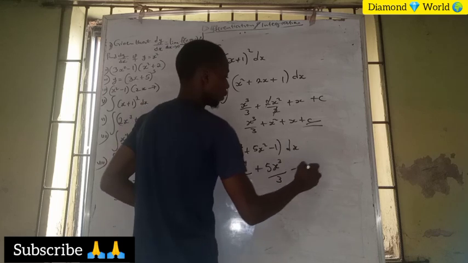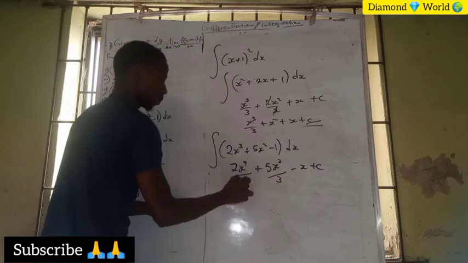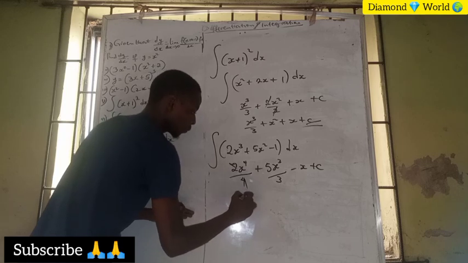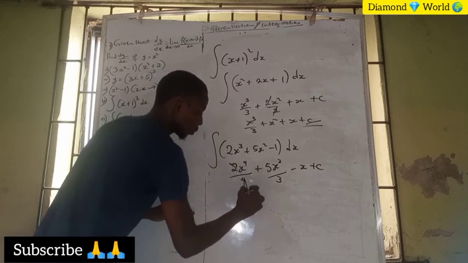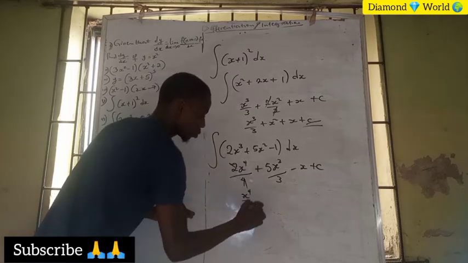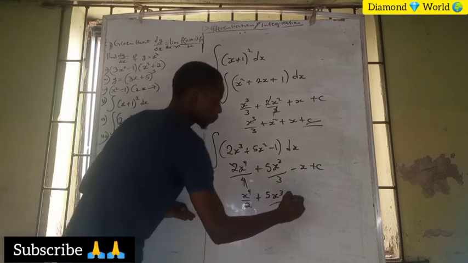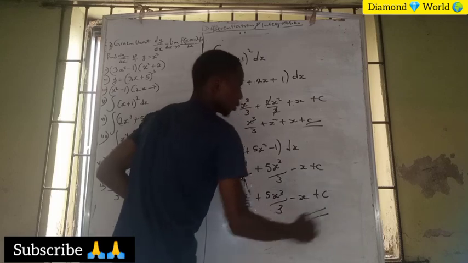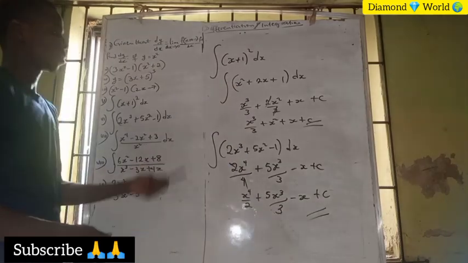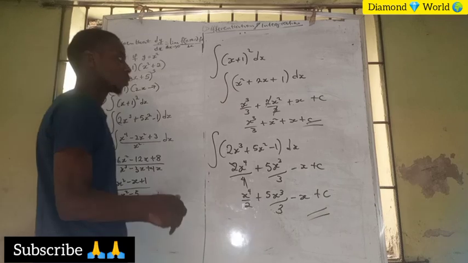Integrate 1, you have x plus c. So I have x to the power 4 over 2, plus 5x to the power 3 over 3, minus x plus c. And we see, very fast and done.